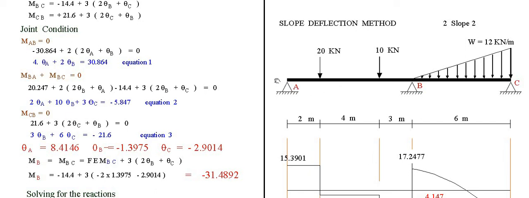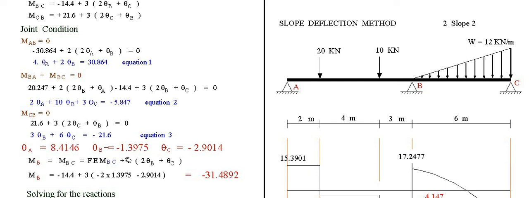theta A is positive in this direction, going down this way. Positive is opposite to the orientation of analytic geometry. In structural analysis, positive is going left.